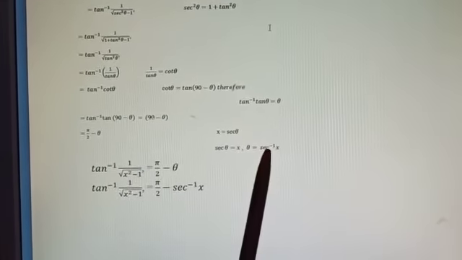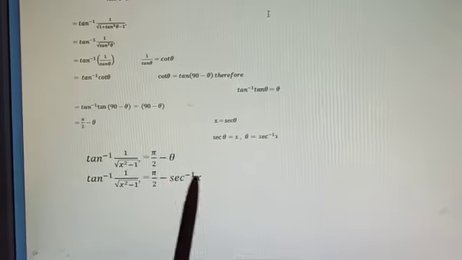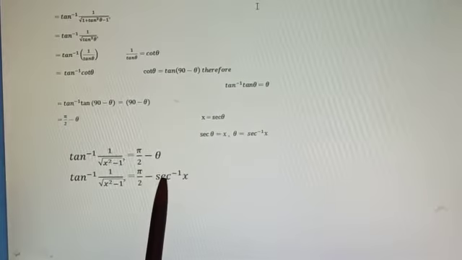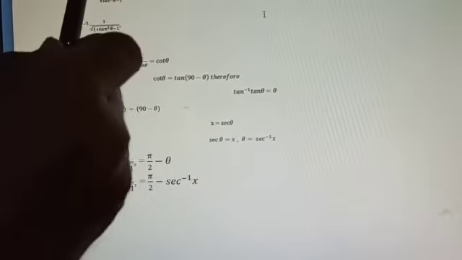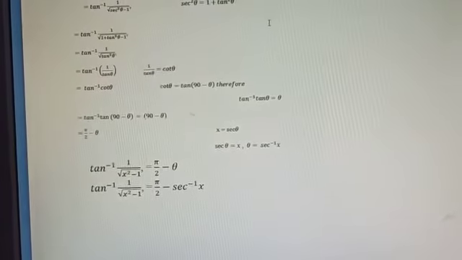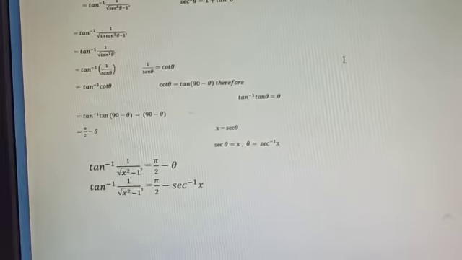Theta is nothing but secant inverse of x. So therefore pi by 2 minus secant inverse of x. This is the simplest form in which I can write this equation.